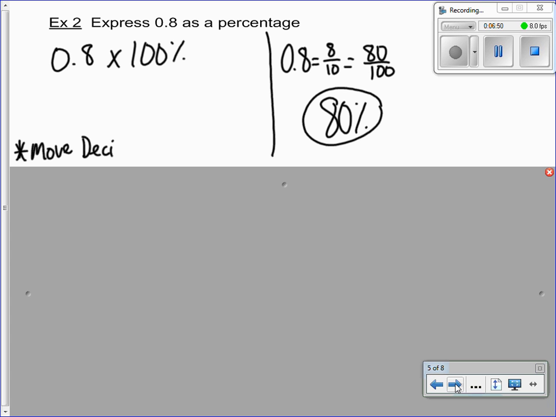How many zeros do I have? 2. So it's going to only move over 2 spaces. That's exactly right. Which direction? The right. Good. So we can move the decimal 2 spaces to the right.